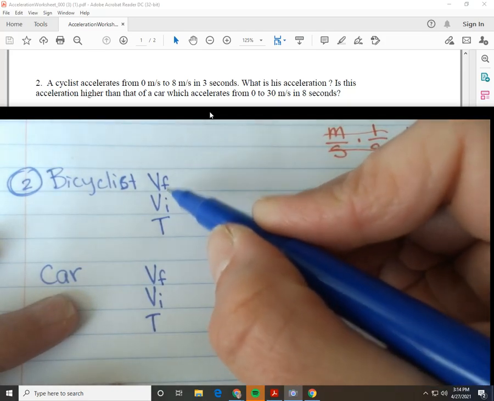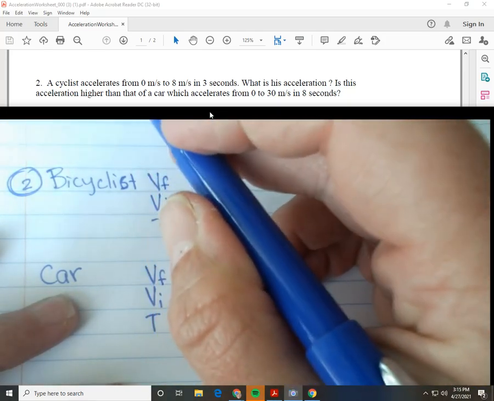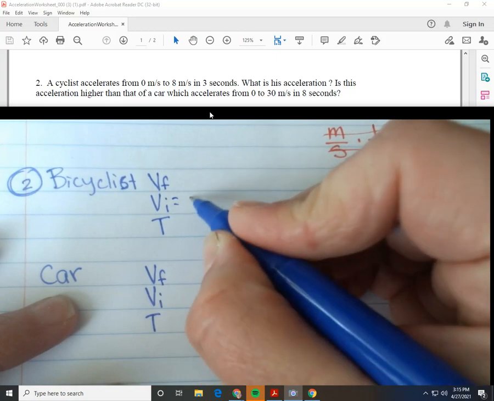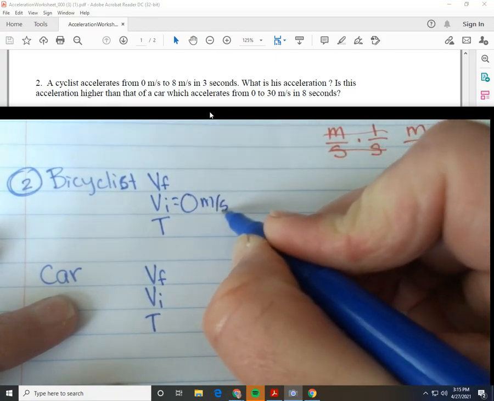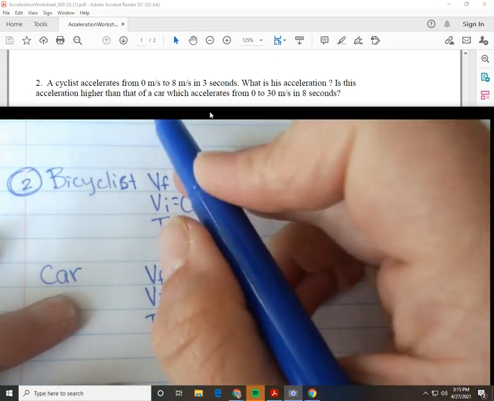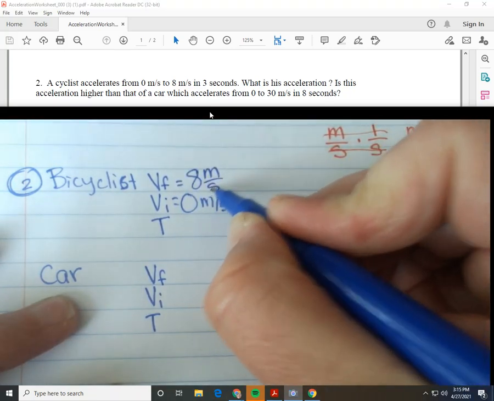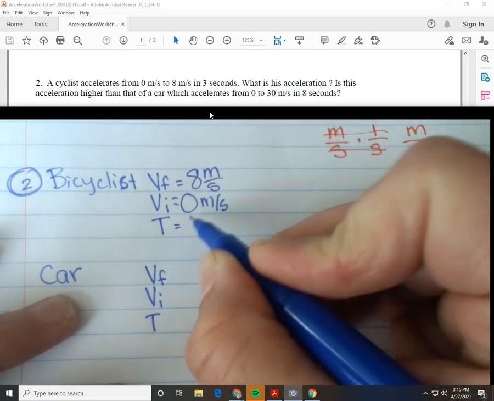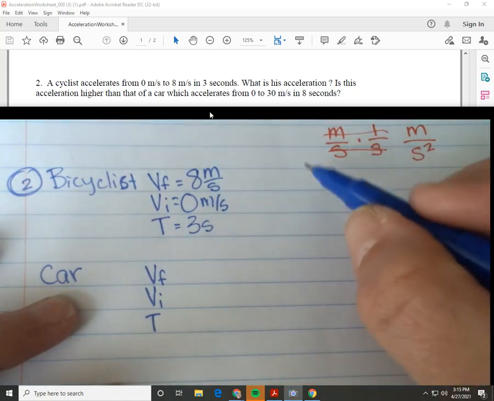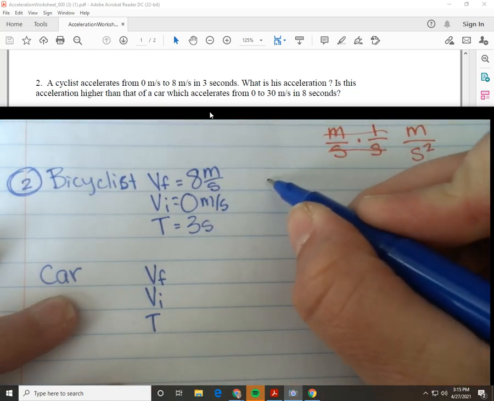So let's look at the bicyclist accelerates from 0 meters per second. So 0 meters per second is the initial. They're stopped standing there. To 8 meters per second in 3 seconds. So let's calculate that acceleration.